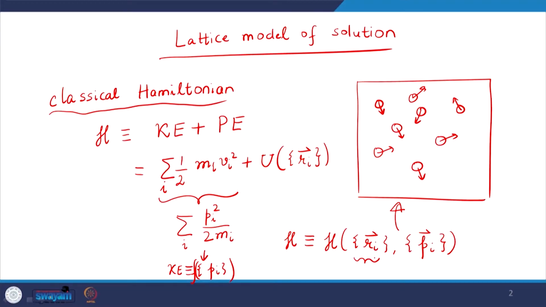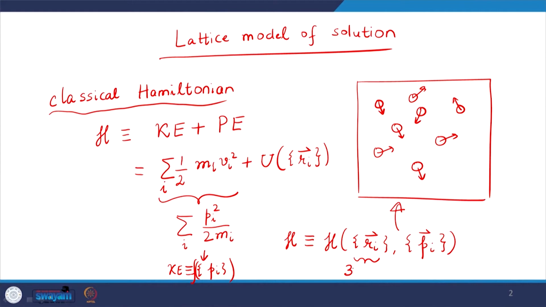For each of the n particles, we will have 3 coordinates if we are working in 3 dimensions. So, you will have 3n variables, and 3n variables also of the momentum, because momentum also is a vector. So, in total we have 6n variables.